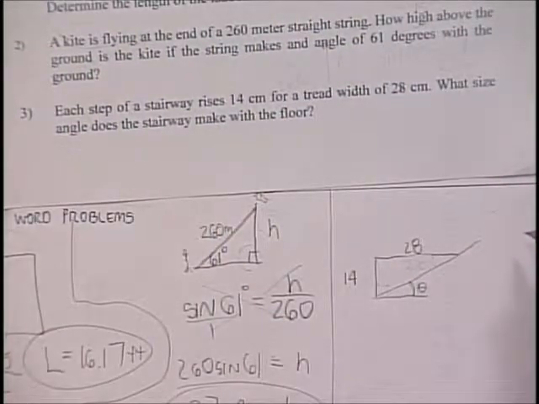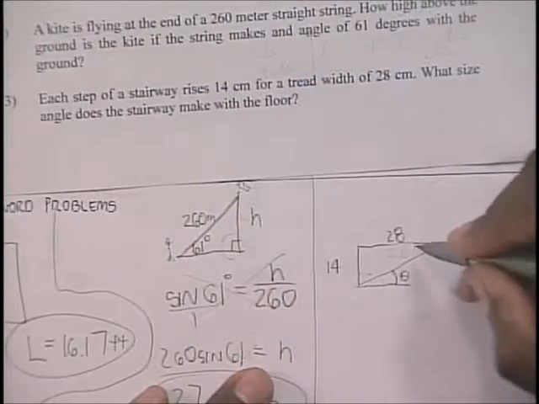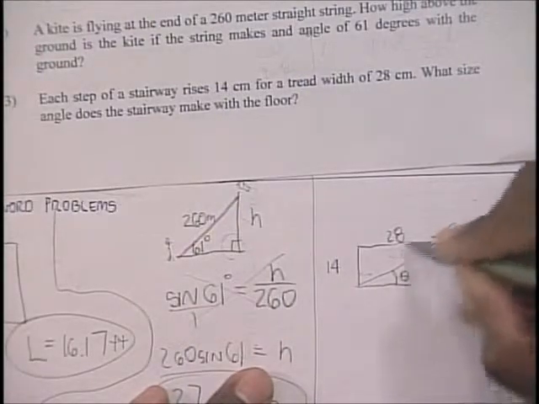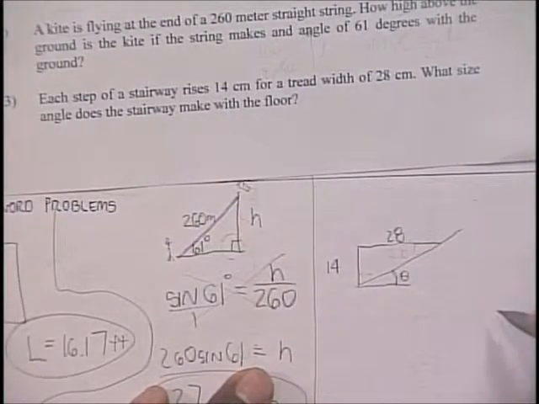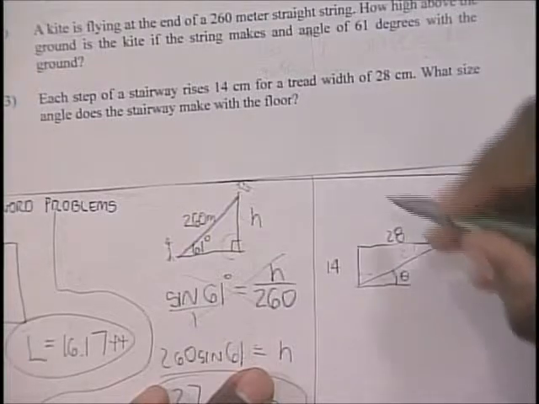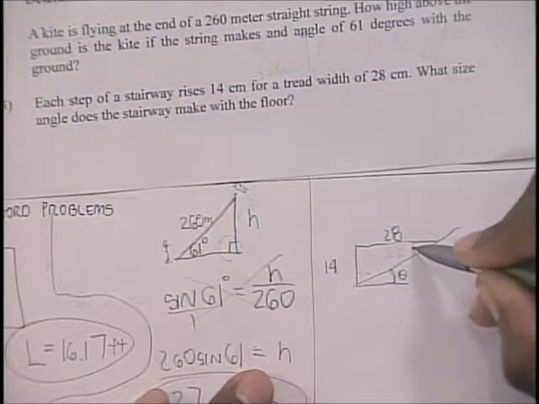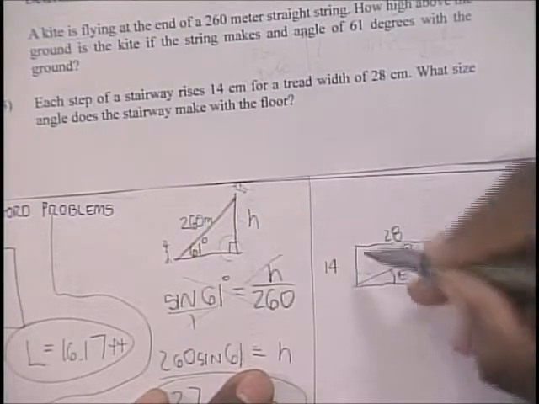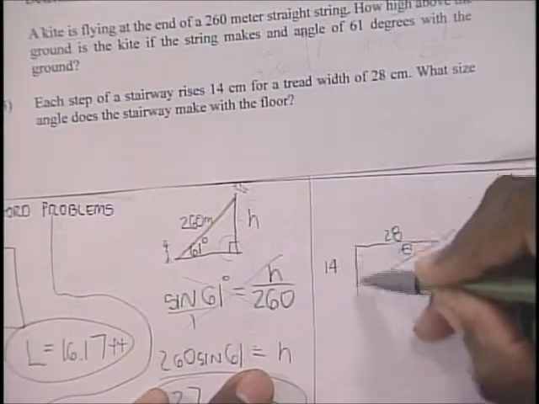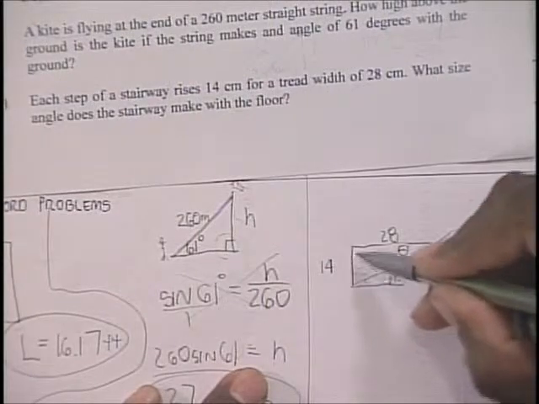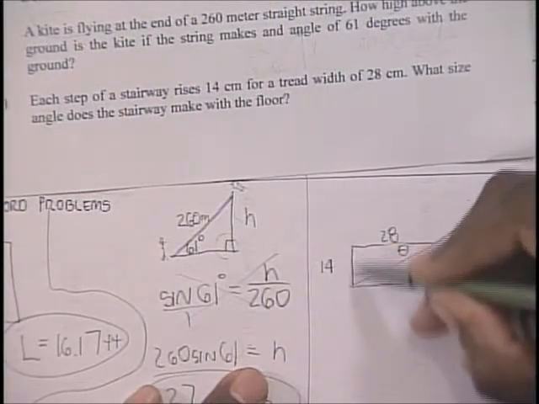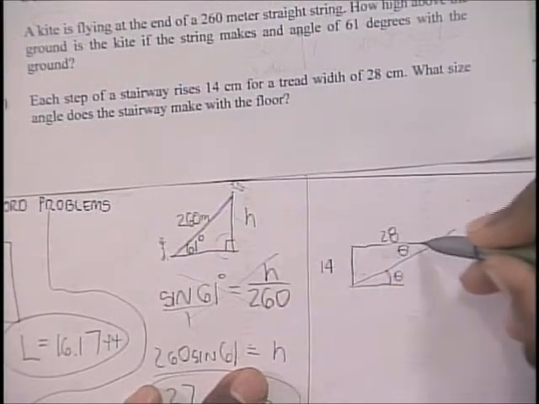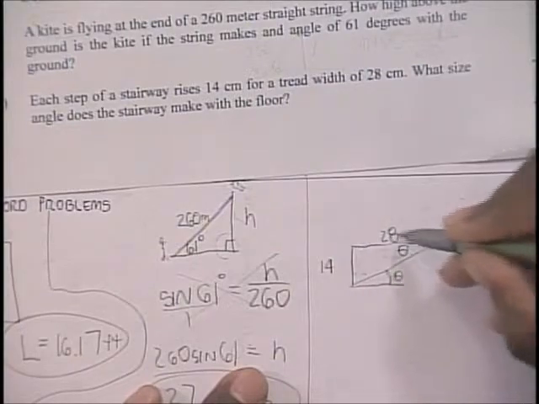This is one approach. What we told you last week is if you don't know the angle, you could use inverse trig functions. If this is the angle in question, this side here is the opposite side, and this side here is the adjacent side.